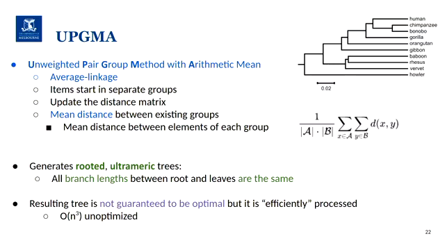What's the cost? Finding the smallest element in a table of size n times n, which is quadratic, right? And you're repeating that process until you have a single cluster, potentially doing that n minus 1 times. That's why you have a cubic cost.